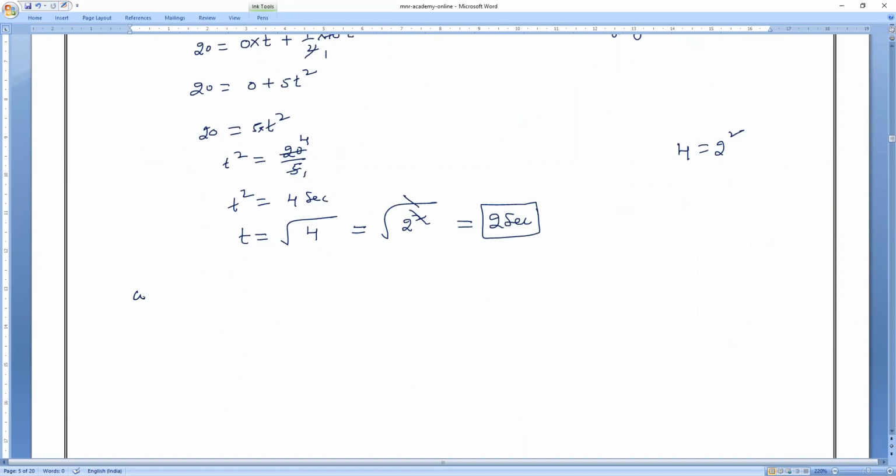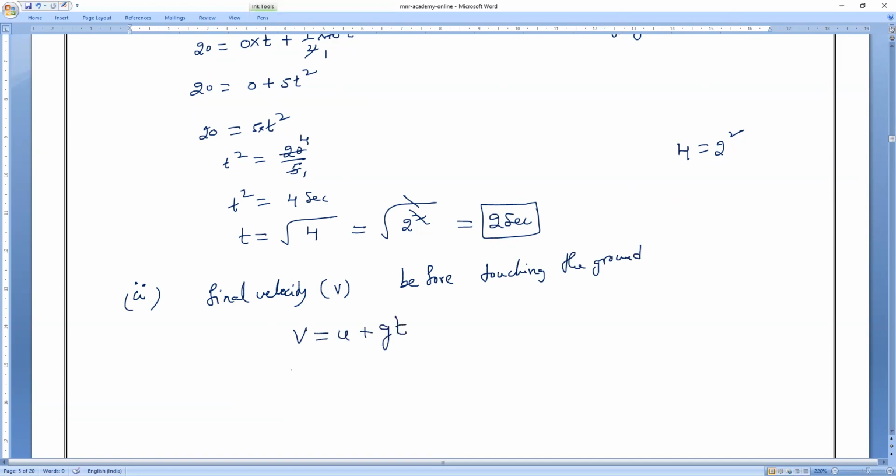Okay, so Roman number 2, final velocity, v before touching the ground. So v is equal to u plus gt, because it is freely falling.